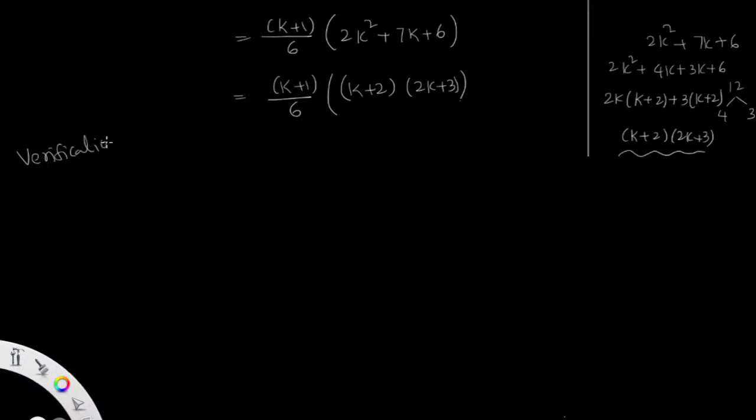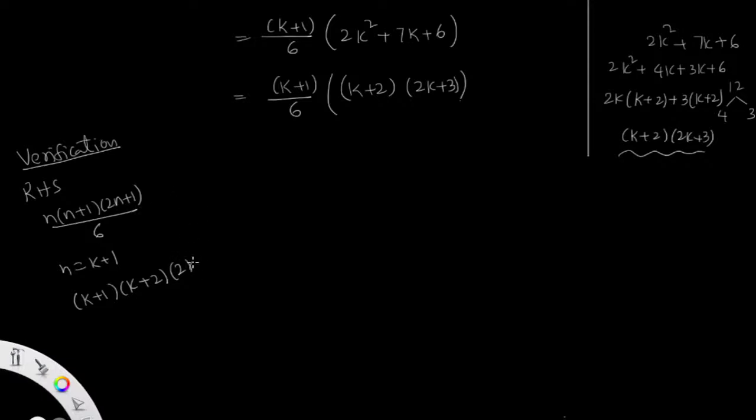Put in the RHS: in place of n, you write n into n plus 1 into 2n plus 1 by 6. Put n equal to k plus 1. That means k plus 1 into k plus 1 plus 1, that is k plus 2, into 2 into k plus 1, that is 2k plus 2 plus 1, which is 2k plus 3, divided by 6.